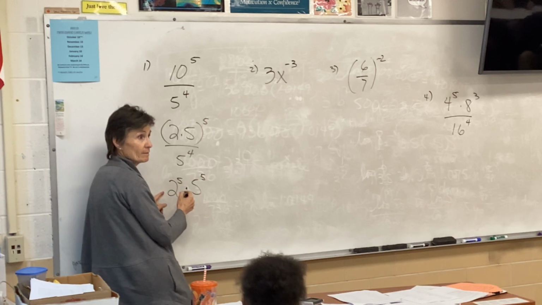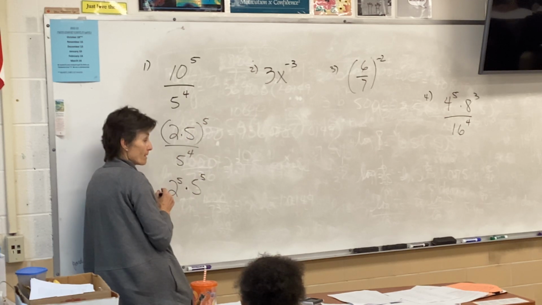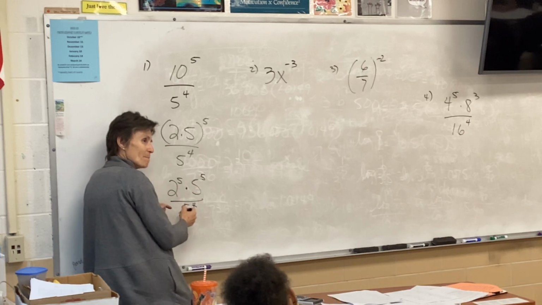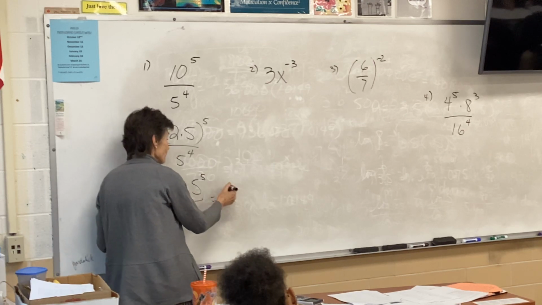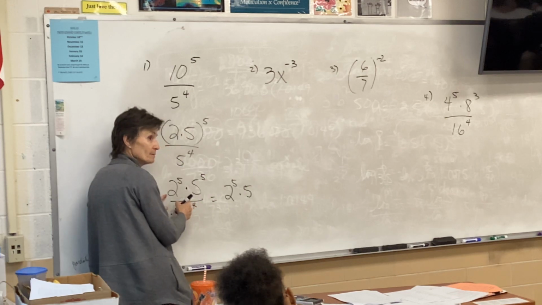They each go to the 5th power. Now, Lauren, I can cancel these because I can subtract the exponents because the bases are the same. So that's going to leave me with 2 to the 5th times an extra 5.